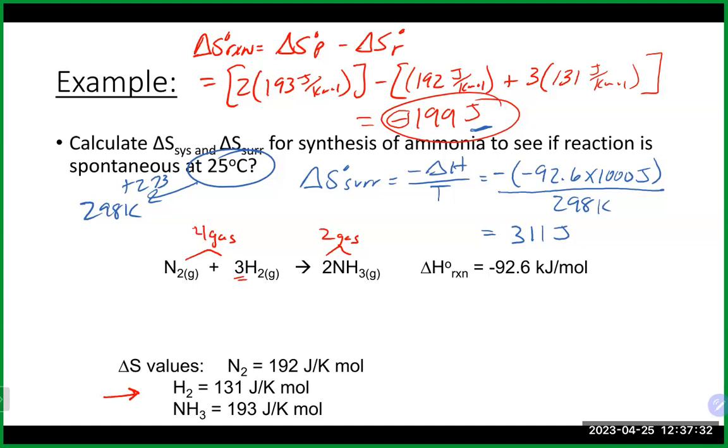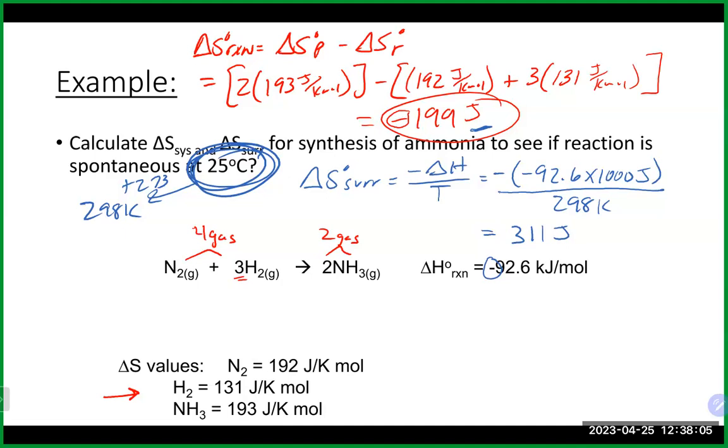Any questions on that? No? Okay. This also makes sense in terms of the surroundings, because what type of reaction is this, endothermic or exothermic? This is an exothermic reaction where heat and energy is being released to the surroundings. It's a normal-ish temperature, which means the energy coming off from the reaction will make a good difference in the entropy of the surroundings.